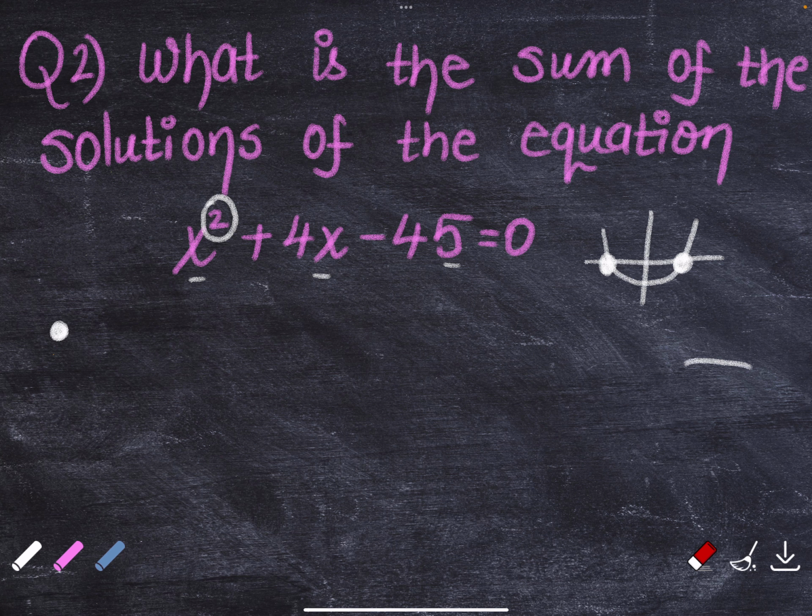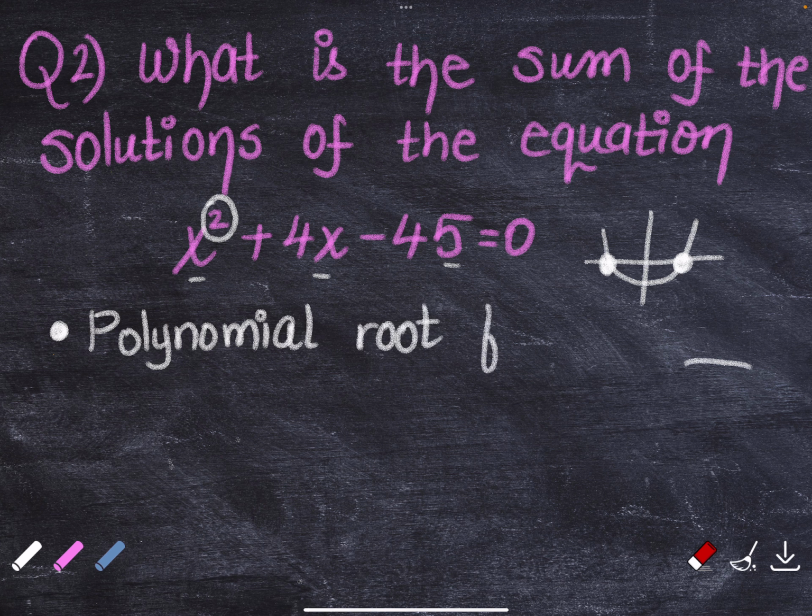Let us say this is on that section of ACT where a calculator is allowed. If a calculator is allowed, you can easily use the polynomial root finder. Another way, if a calculator is allowed, you can graph the given function.